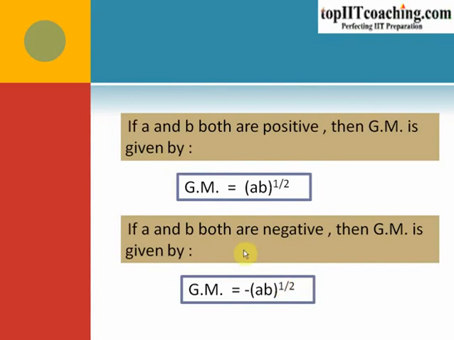Why? Because both a and b are negative and GM lies between a and b. Therefore GM also has to be negative. That's why we have taken a minus sign over here. So if a and b are positive, then GM is positive, and it is given by under root of ab. If a and b both are negative, then GM also has to be negative, and so it is given by the expression GM equal to minus of under root ab.